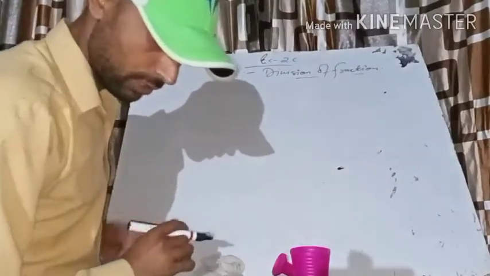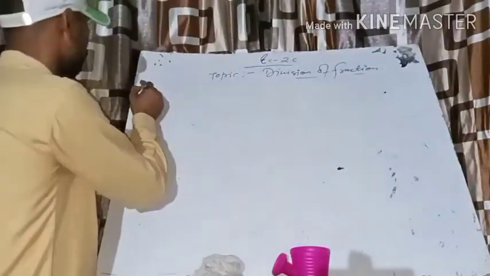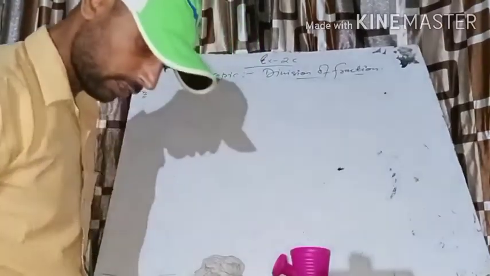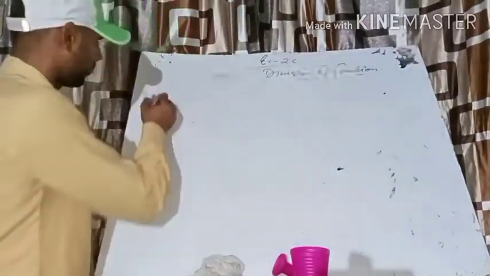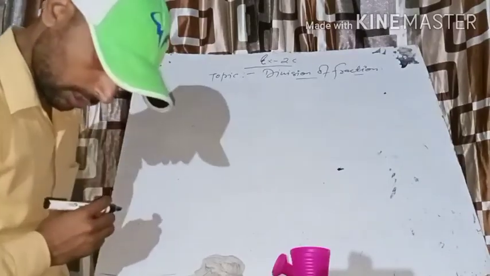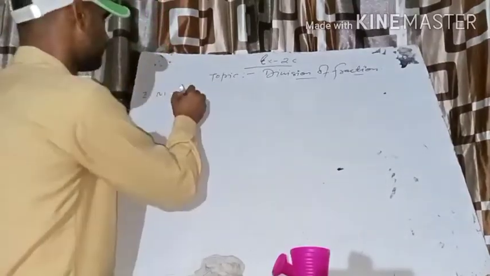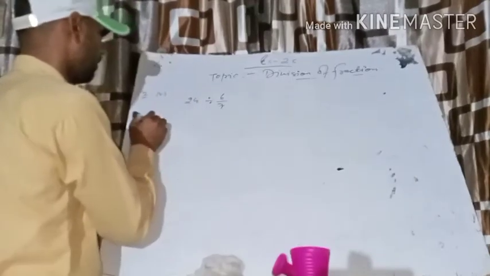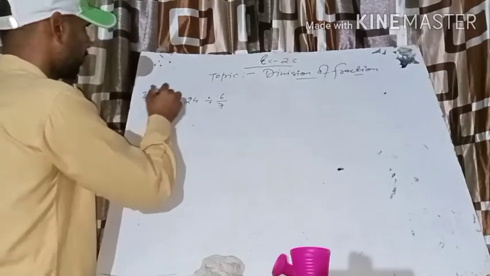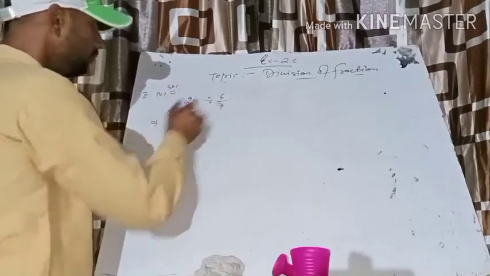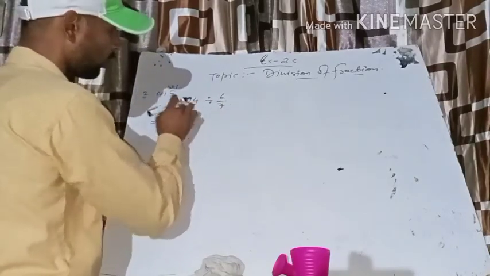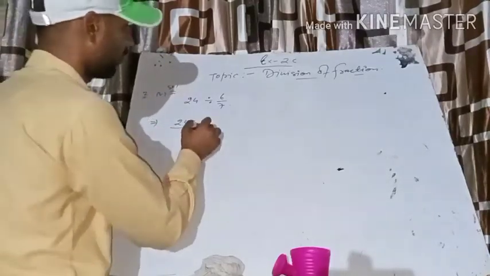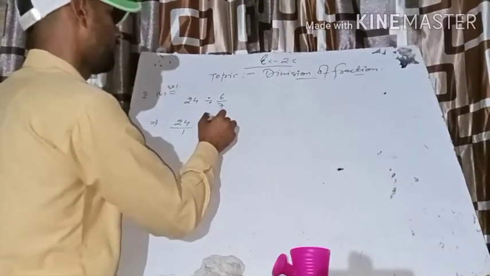In the second question you have to simplify: 24 divided by 6 upon 7. Now it's your solution. If there is no denominator, then we can write 1 as the denominator. So 24 upon 1 divided by 6 upon 7.